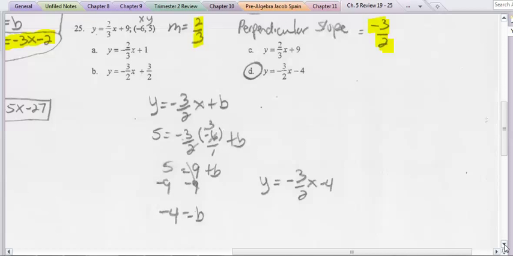So now, using the new slope, -3/2x plus b, it's always plus b, plugging in the ordered pair, doing the math, we got a -4 for our b. So now we've got -3/2x minus 4.